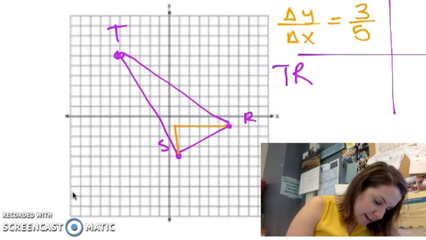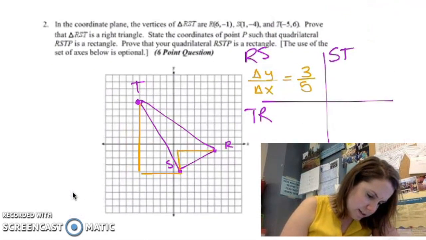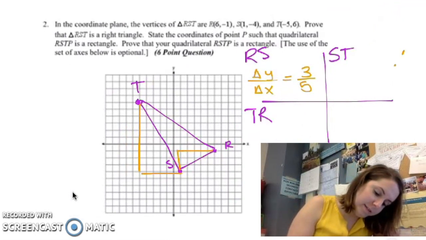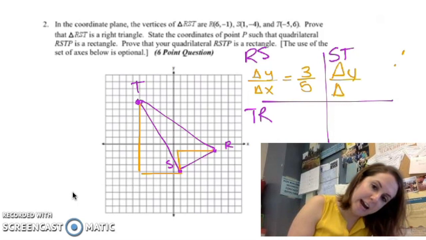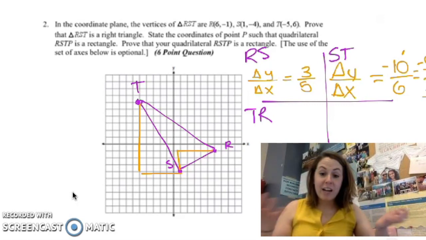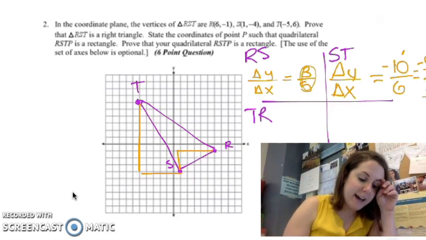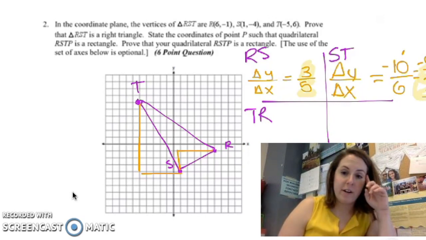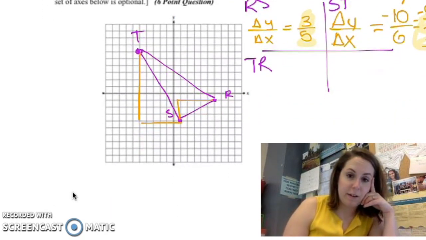For ST, I go down 10 over 6, so change in Y over change in X is negative 10 over 6, which is negative 5 over 3. And actually I could stop there because I already see I have 3/5 and negative 5/3. And those are perpendicular to each other.